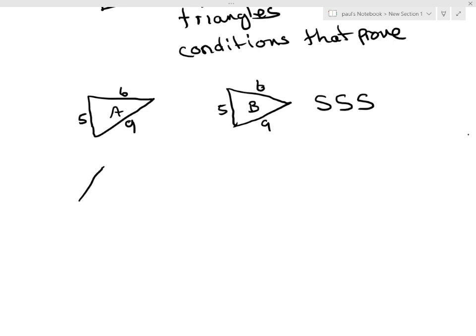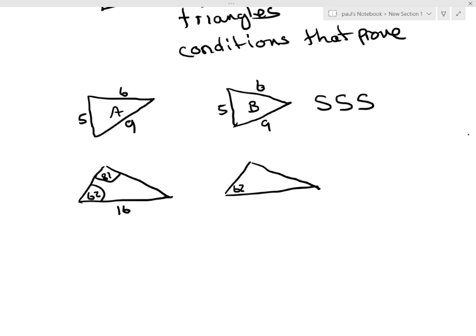Now we can have another one like this, and I'm trying to draw these the same as each other. Now this one, if you put an angle in there and an angle in there, and you try and redraw this with exactly those same measurements, you will end up drawing exactly the same.